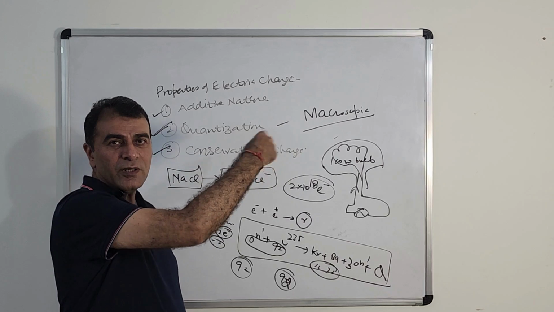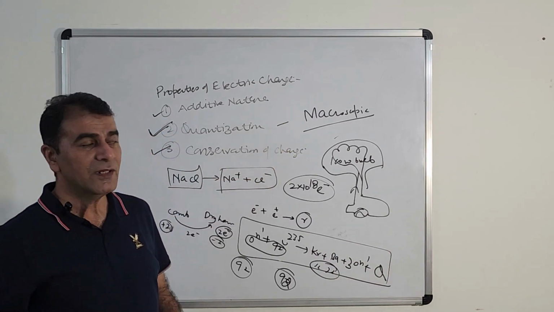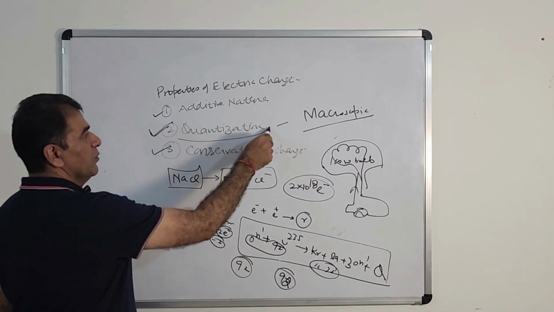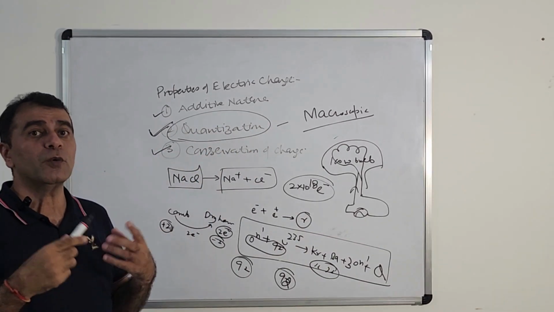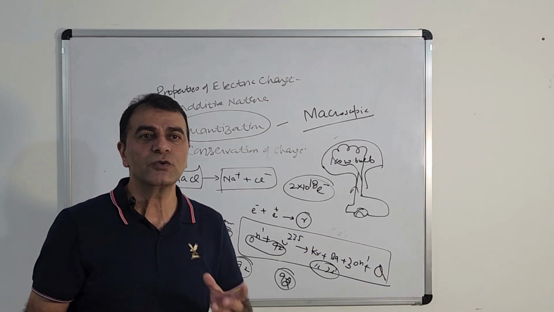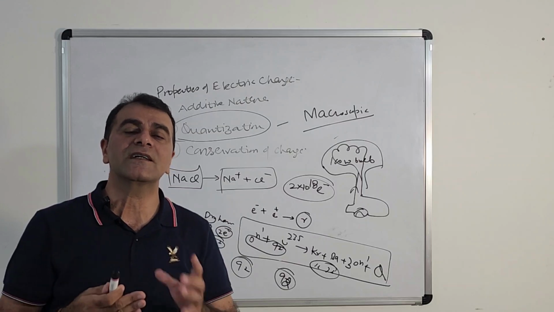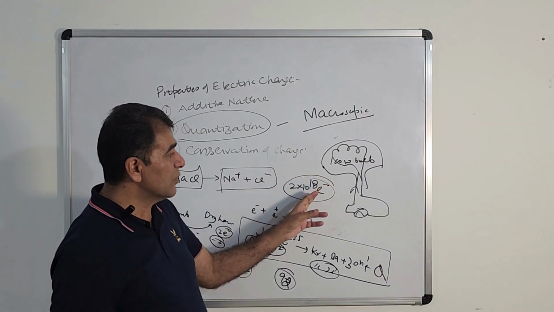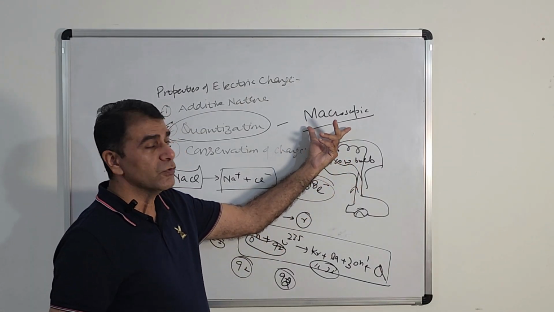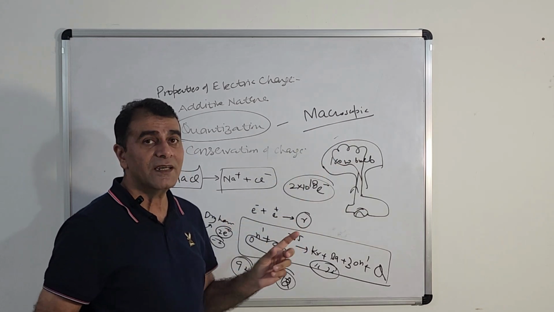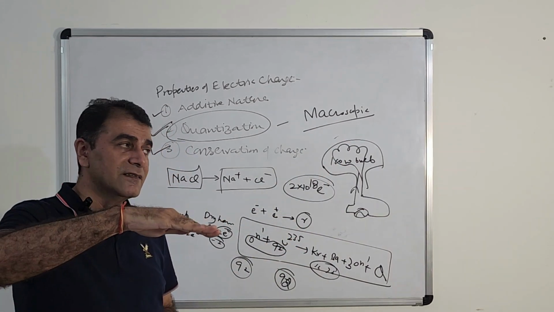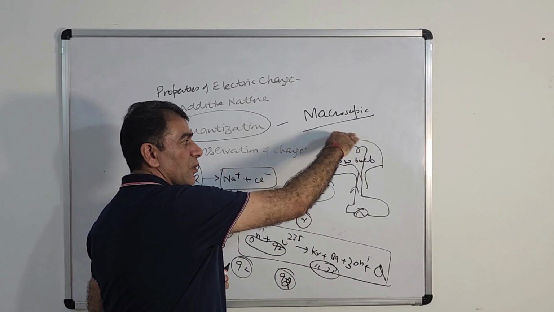Quantization of charge is possible only for the microscopic world, when 2, 3, 4, 10 electrons like these are transferred. When a large number of electrons are transferred for a macroscopic object like a bulb, then you say that continuous charge is flowing through the bulb.